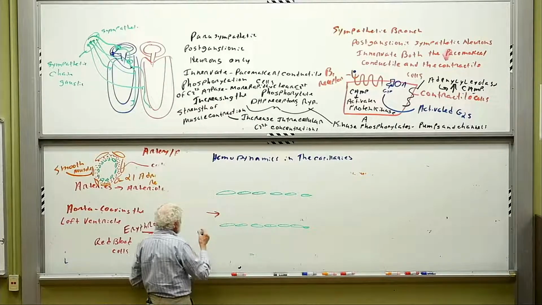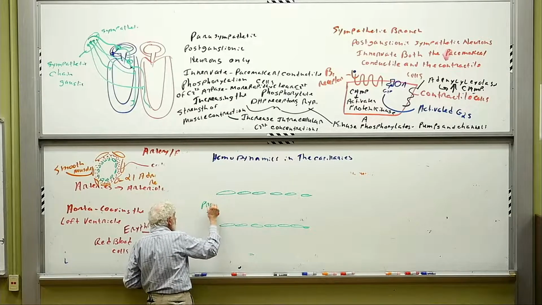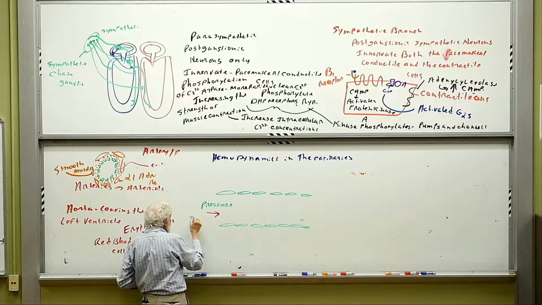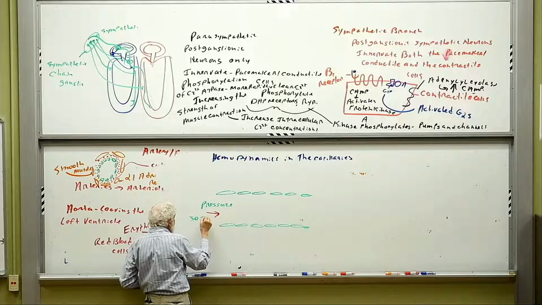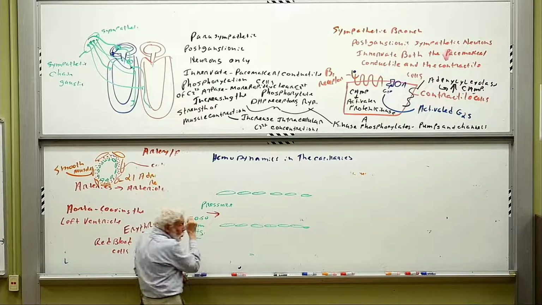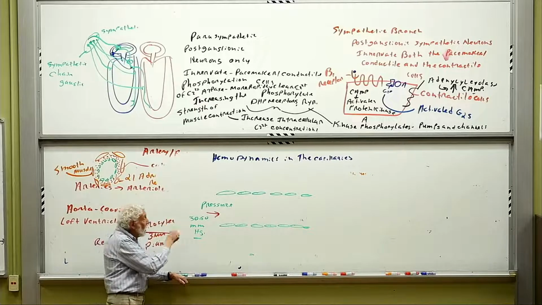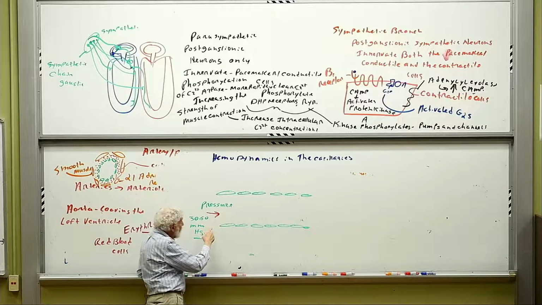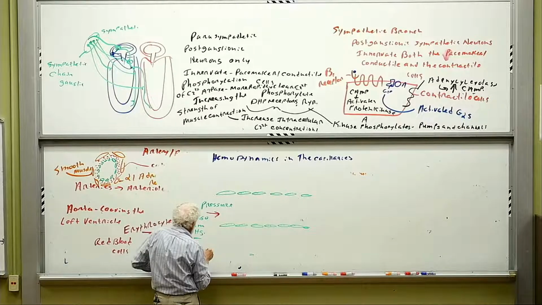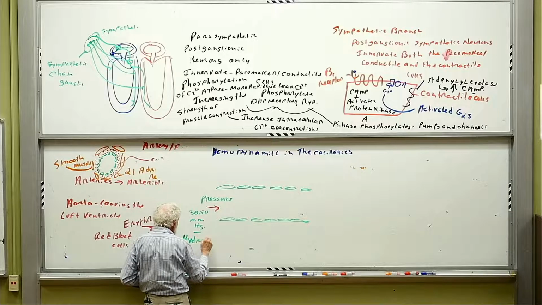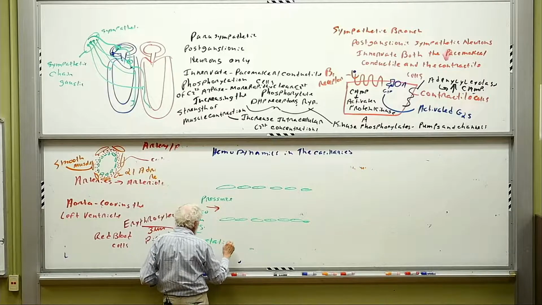What we see is that there's a pressure. The pressure will be in the neighborhood of 30 to maybe as much as 50 millimeters of mercury. The source of that pressure is from the contraction of the left ventricle. This pressure of 30 to 50 millimeters of mercury is said to be the hydrostatic pressure.